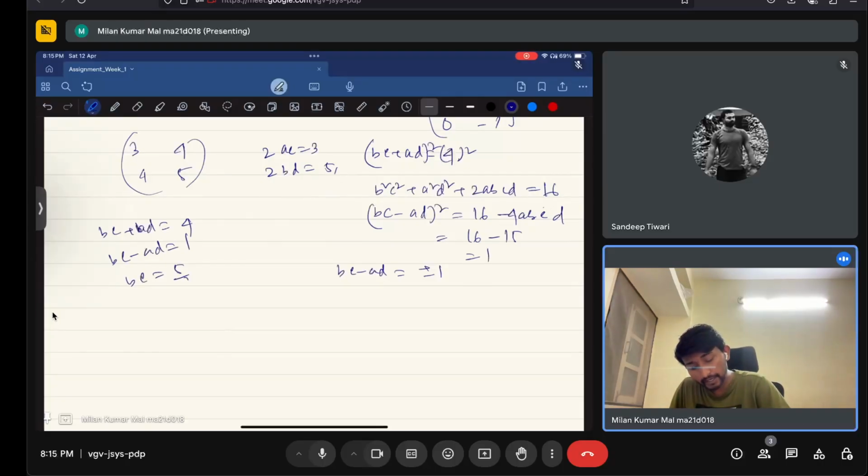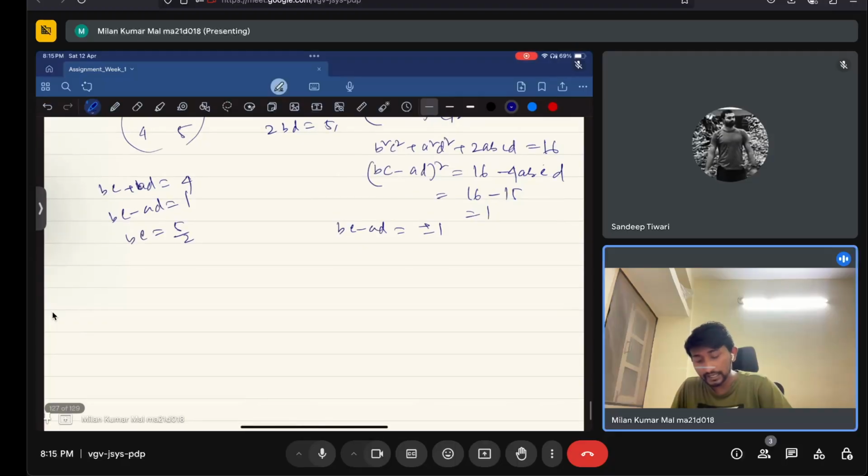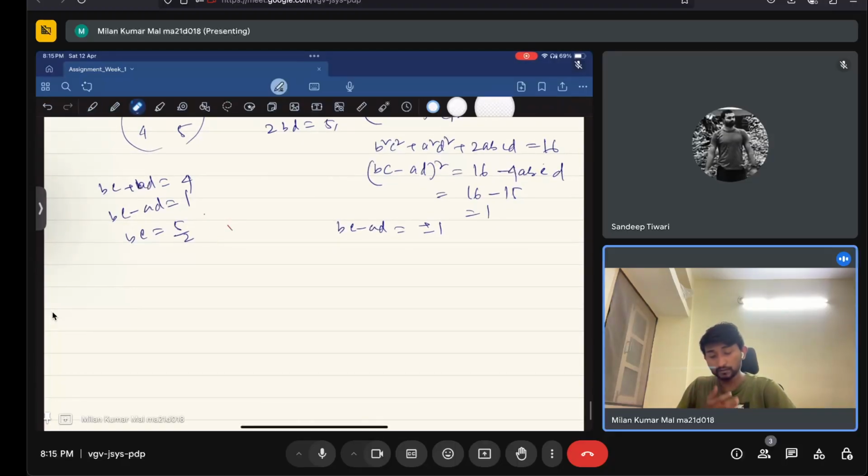BC equals 5 by 2, okay, but that is not possible because... no, that is possible. What is the problem with that? BC equals 5 by 2, so then what is AD? AD equals 4 minus 5 by 2, or 5 by 2 minus 1, that is 3 by 2, right?